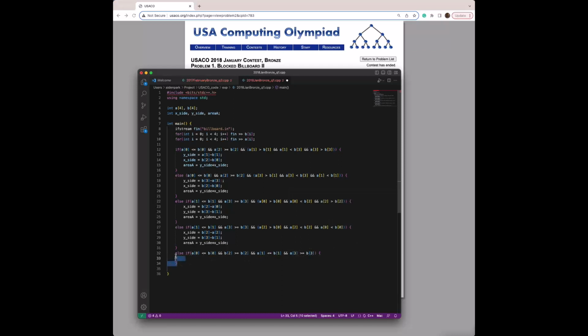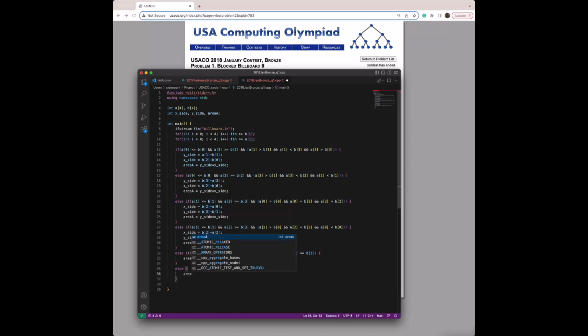Okay, first we're gonna check if the entire thing is overlapping. So if the good billboard just completely covers a bad billboard, then we don't need any tarp for that. And in any other case that hasn't been covered by these if statements means that they're overlapping but not in a way that we can shave off a portion, and we actually have to just cover the entire bad billboard because we can't have a non-rectangular tarp.